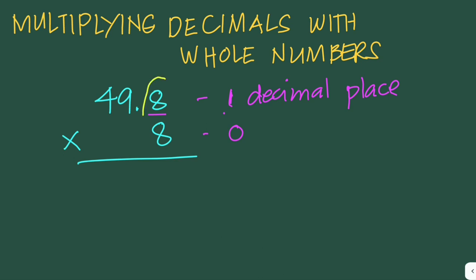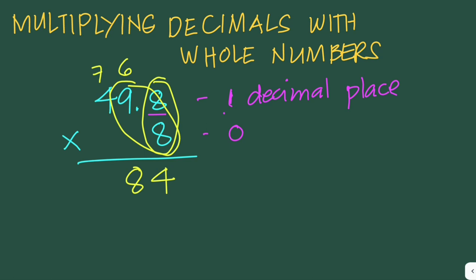So we start here. 8 times 8 is 64, so we bring down 4 and then we put 6 above 9, and then 9 times 8 is 72 plus 6, so that would be 78. We bring down 8 and then we put 7 on top of 4, and then 4 times 8, that is 32.